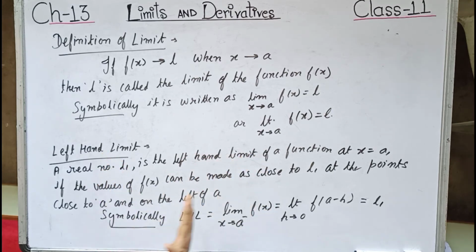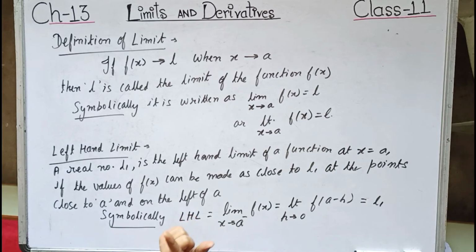The best thing is we will be taking values a bit smaller than a, then whatever values we get for f(x) as x tends to a minus, that is the left hand limit. So symbolically we write LHL equals limit x tending to a minus f(x) equals limit h tending to 0 f(a minus h). Take care of a here. Limit x tending to a minus f(x) has been changed to limit h tending to 0 f(a minus h).